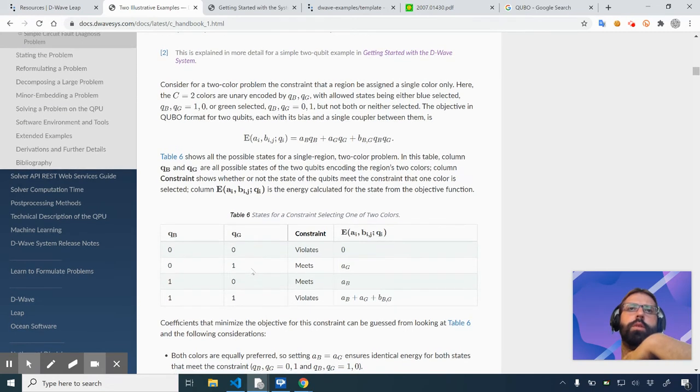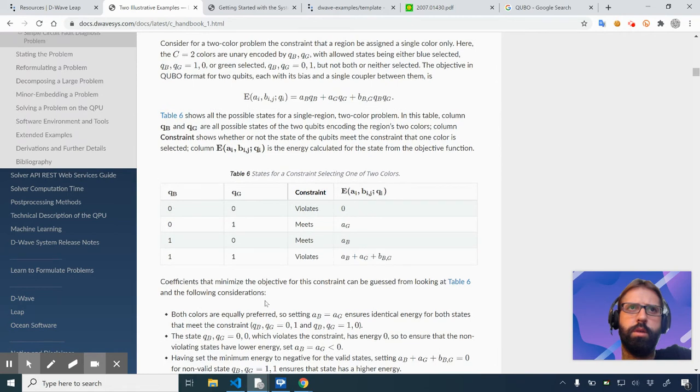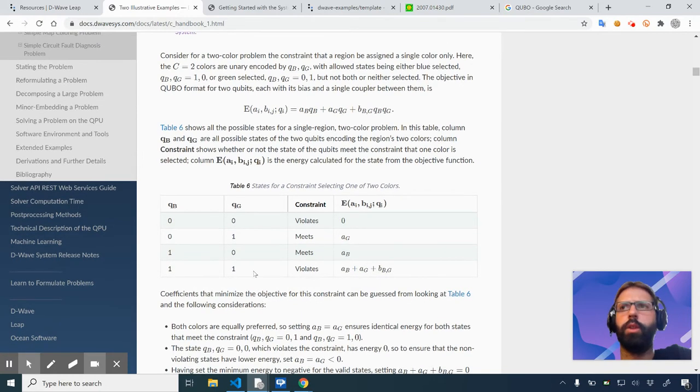QB QG 00 violates, 01 meets AG, 10 meets AB, 11. What does this mean though? They've got two colors.